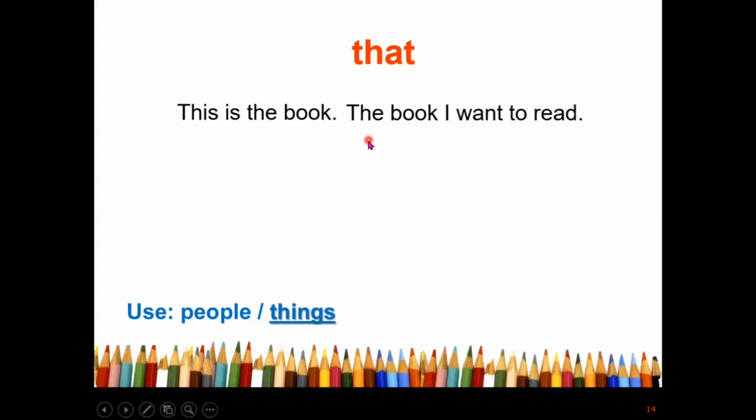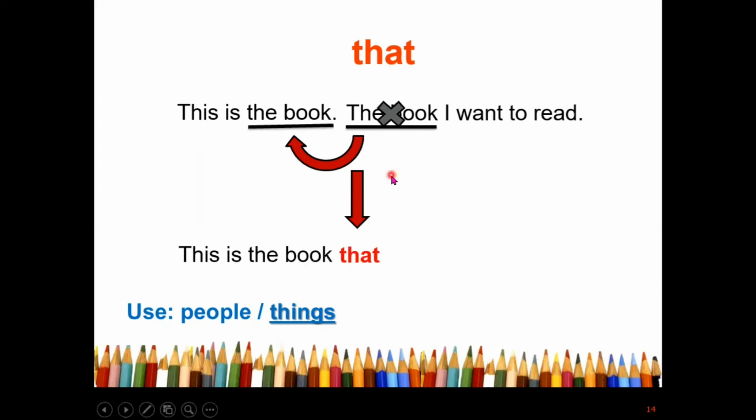So what is the word that's repeated twice? The book, of course. So we are going to drop the book and link the two sentences using that. This is the book that I want to read.